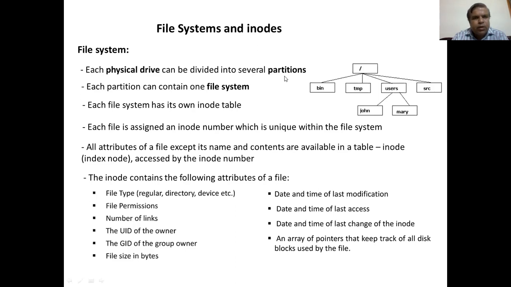That means Unix divides the hard disk into logical disks called partitions. Each partition can contain one file system. For example, the slash directory is one file system, slash bin is one file system, slash tmp is one file system, slash users is one file system.